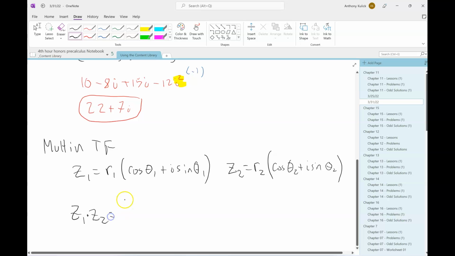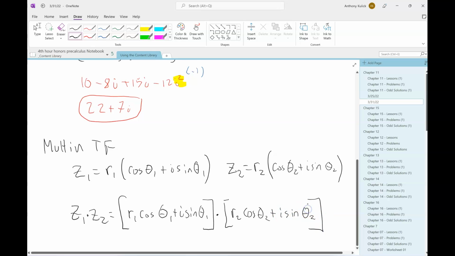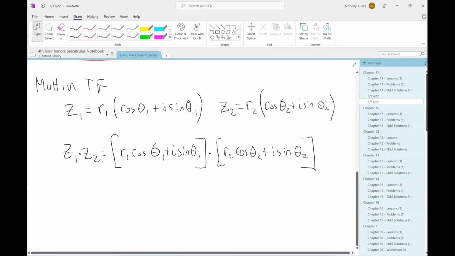So if I multiply these two things together, I got something that's going to look like this. Is everybody okay so far?